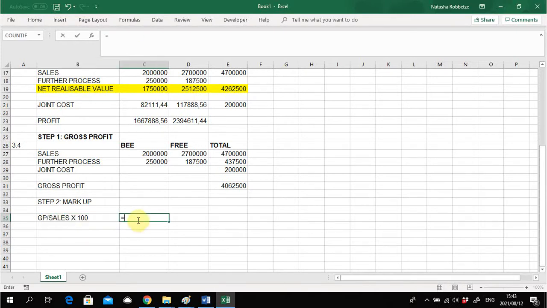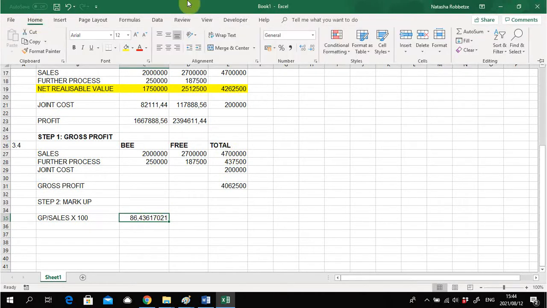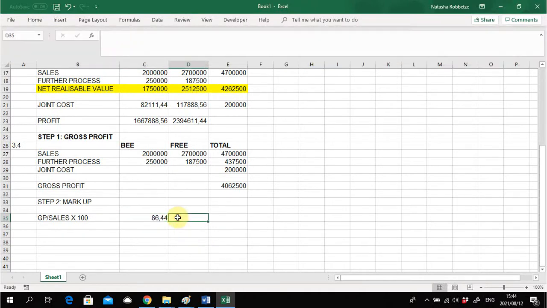And the gross profit margin will then be this gross profit divided by the total sales times by 100. And that gives me, rounded to 2 decimals, 86.44%. Please remember this is in percentage.